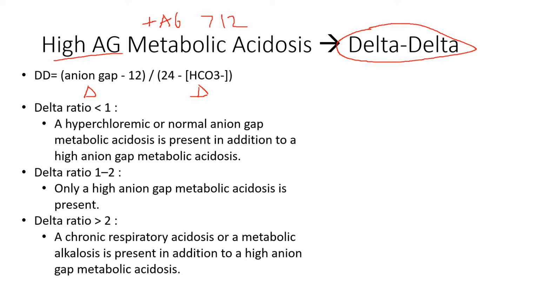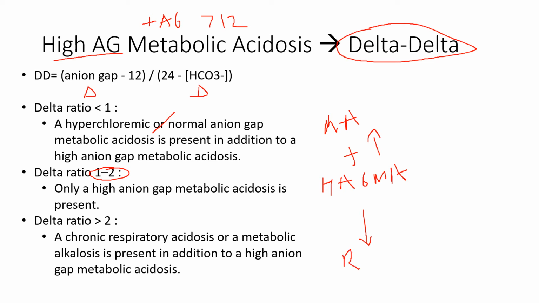So if you have a delta-delta of 1 to 2, that's normal. So you just have HAGMA in that case. If you have a delta-delta of less than 1, you have a hyperchloremic or normal anion gap metabolic acidosis on top of your HAGMA. Okay. And if you have a delta-delta of greater than 2, then the situation gets kind of iffy.